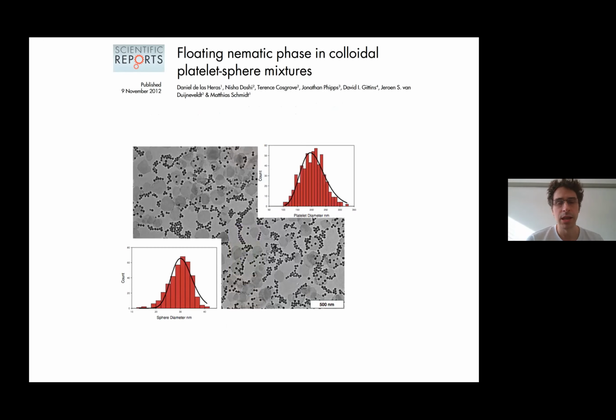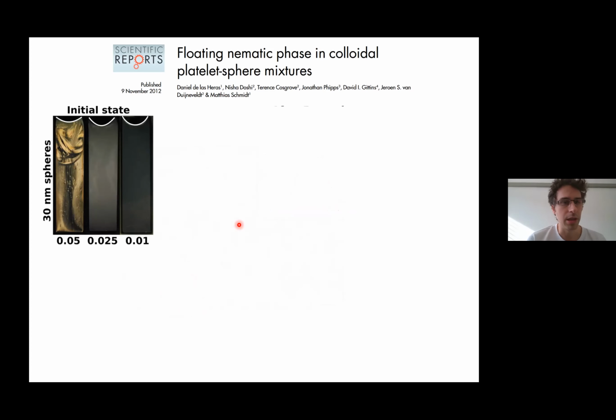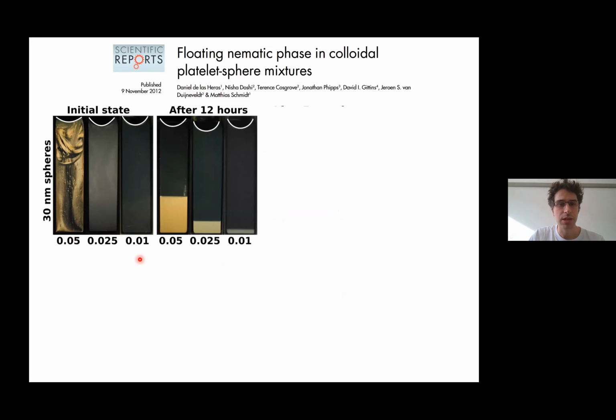So these are experiments done in Bristol. This is a mixture of platelets. The platelets are here the big particles, and spheres, the small particles. Yeah? And then we prepare here 3 different samples with the same concentration of spheres and different concentration of platelets. So this is the initial stage, which is homogeneous. And then you wait 12 hours and you see that the stacking sequence appears.